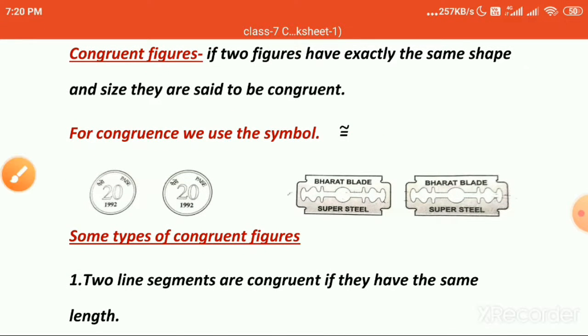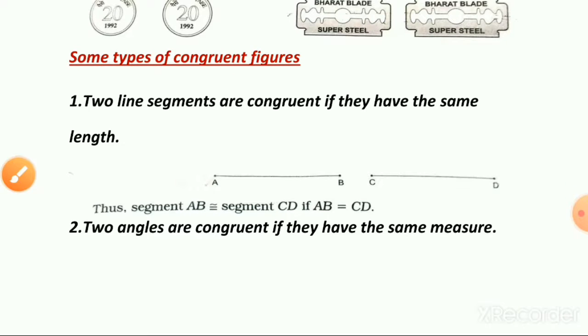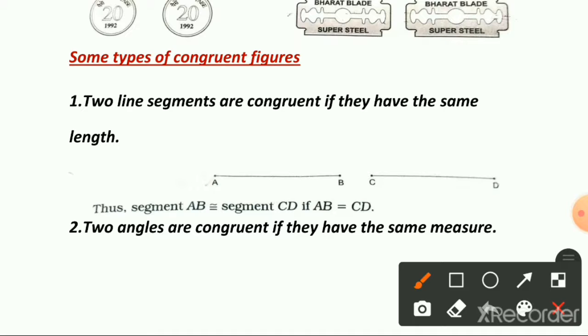So let's learn the congruent geometrical figures. Let's start with line segments. Two line segments are congruent when their lengths are equal. Because if we make one small line and one big line, they will not completely coincide when we put them over each other. So their length should be the same.